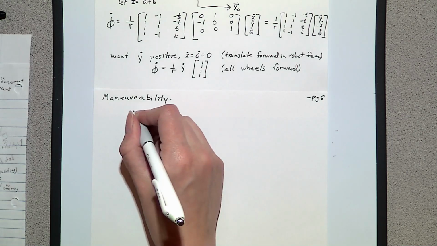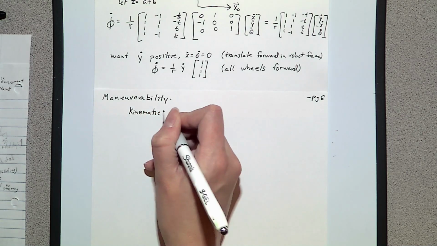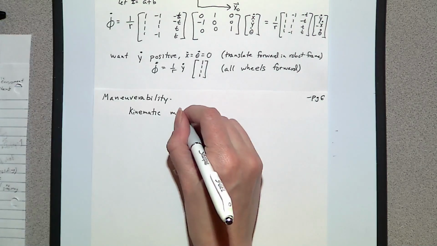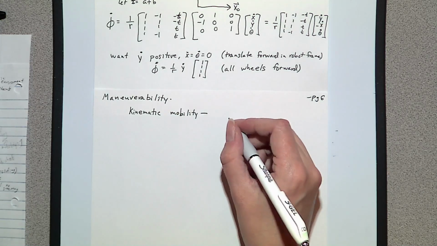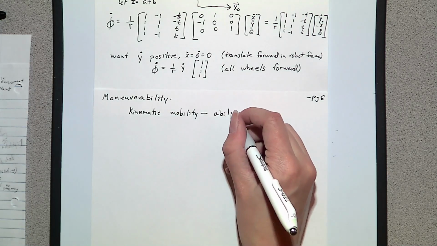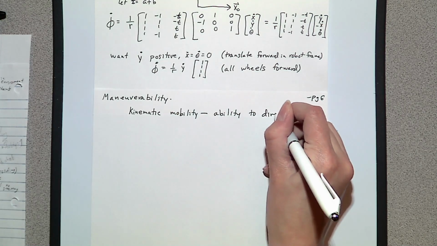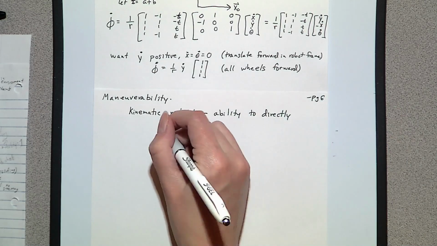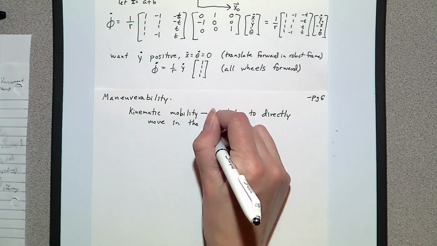So if we look at another term which you'll see in the book, it is kinematic mobility. So this is the ability to directly move in the environment.